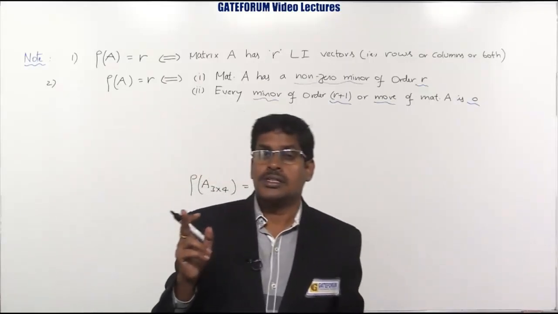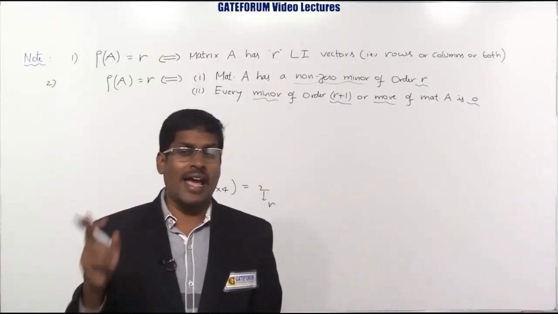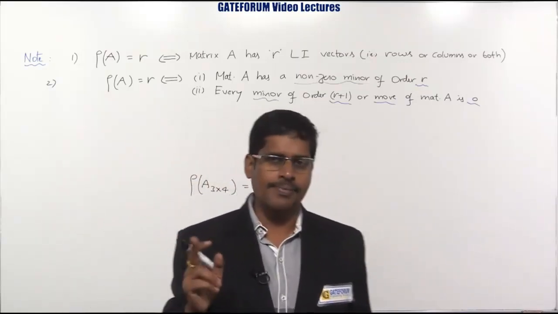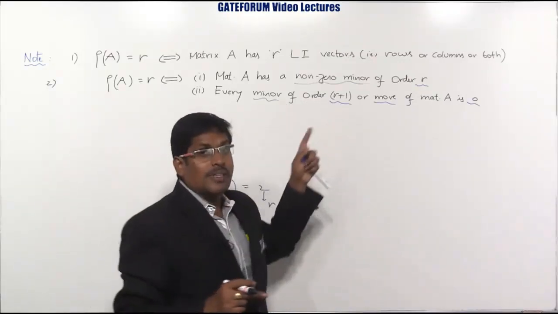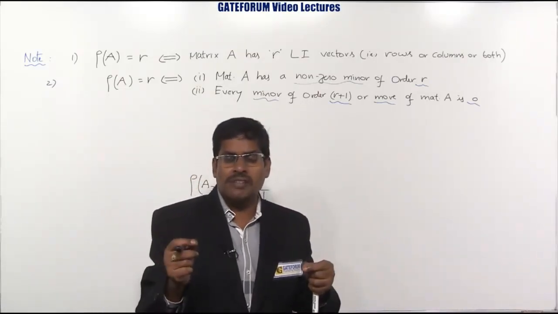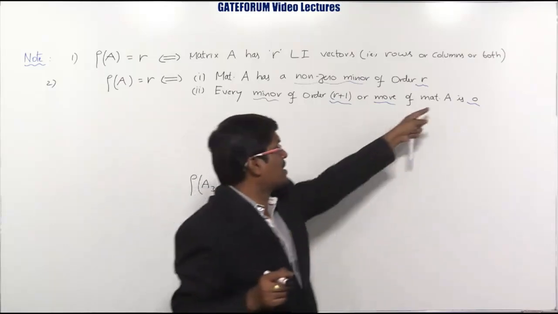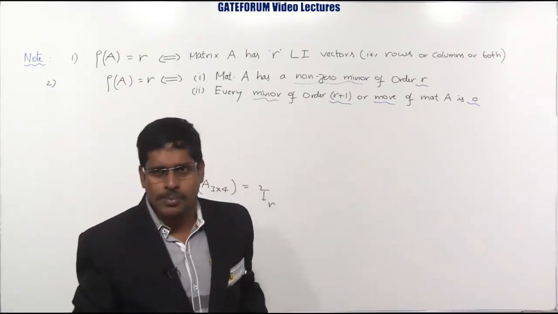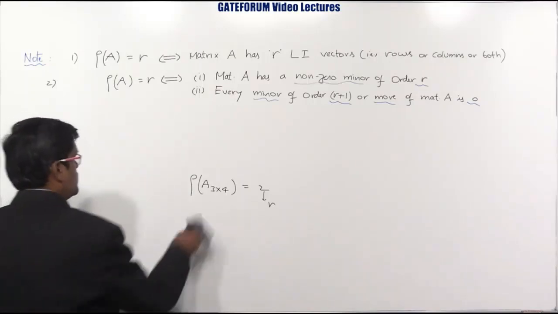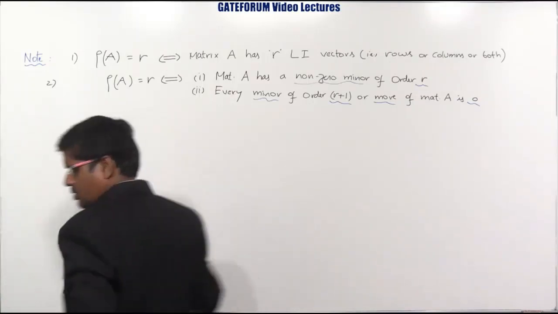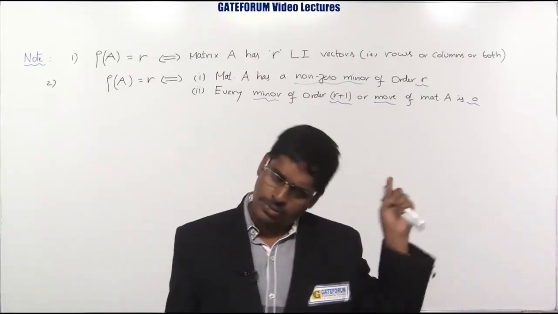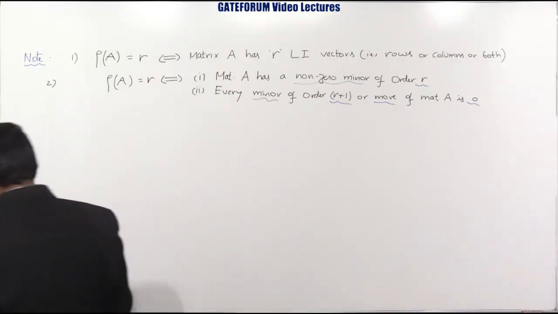Yesterday I told you, the determinant of an R cross R submatrix of a matrix A is called a minor of A. So minor of order R plus 1 means every R plus 1 cross R plus 1 submatrix determinant is 0. Minor means related to determinant. You can check the 3 examples of rank of a matrix I did yesterday. Note this point.